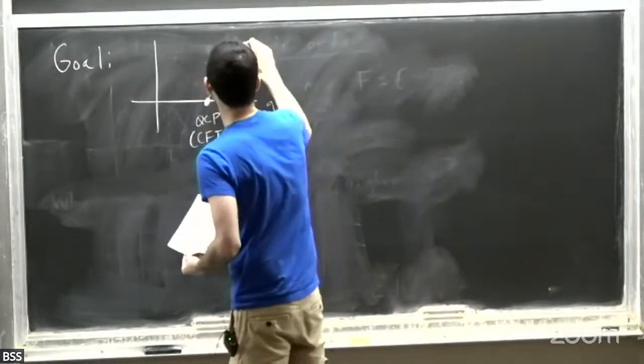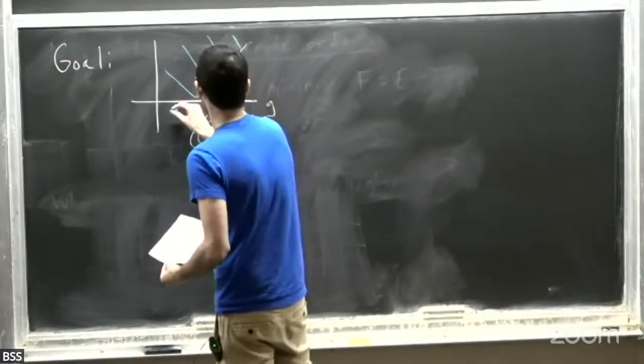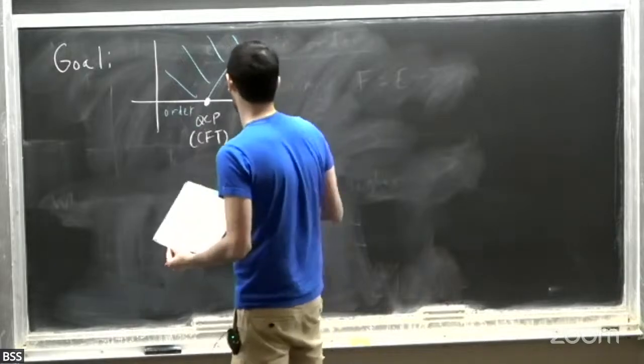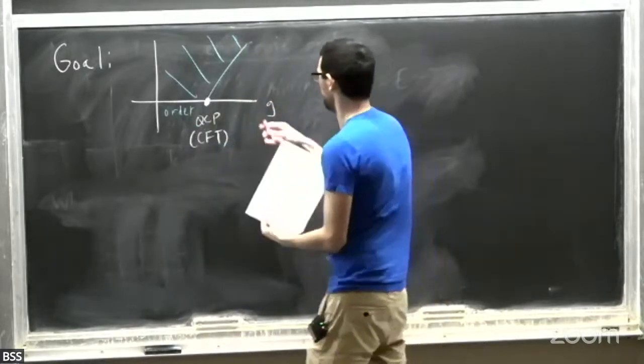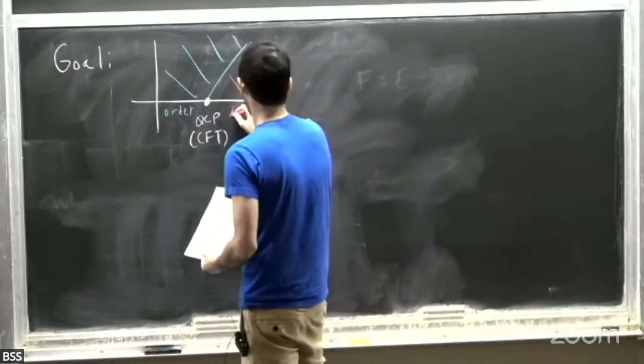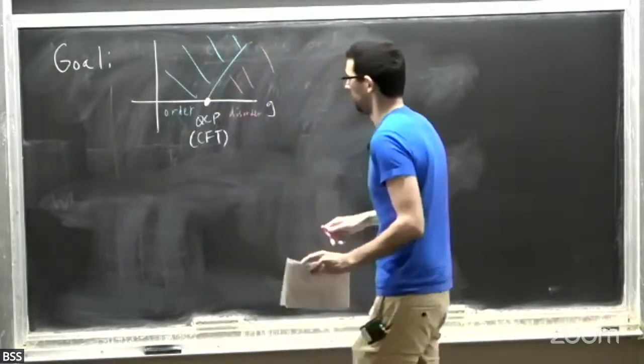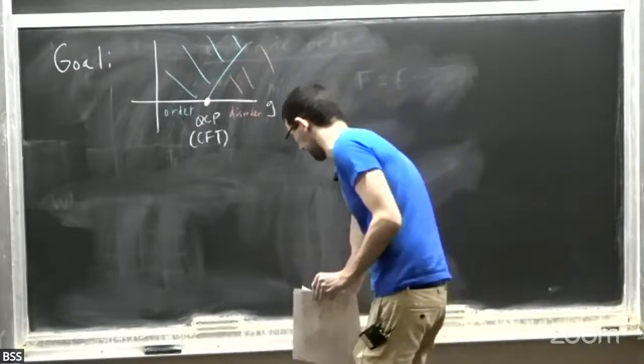And our goal is basically to have a phase diagram that looks like this, where we have order and disorder here. So spontaneous symmetry breaking at arbitrarily high temperature.